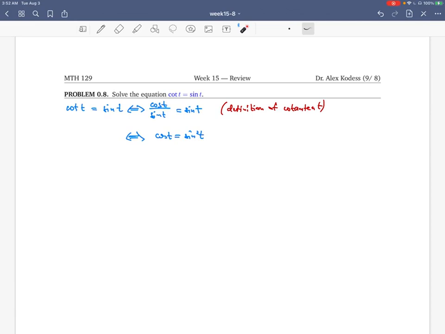Because in particular, nothing prevents in this equality sine to be zero. So we have to make sure that we can go back from this to this. Remember, this arrow means that you can go in either direction. Definitely, I agree with this.